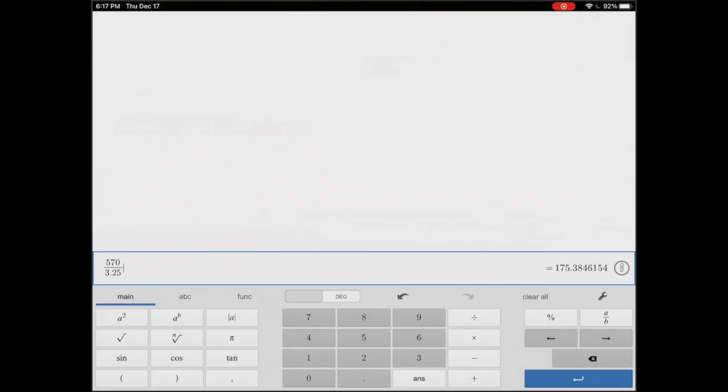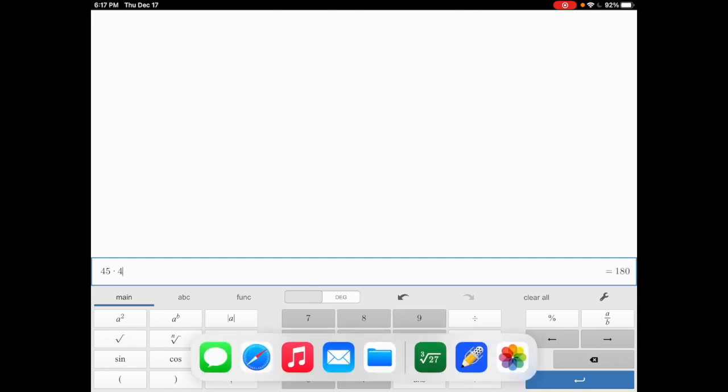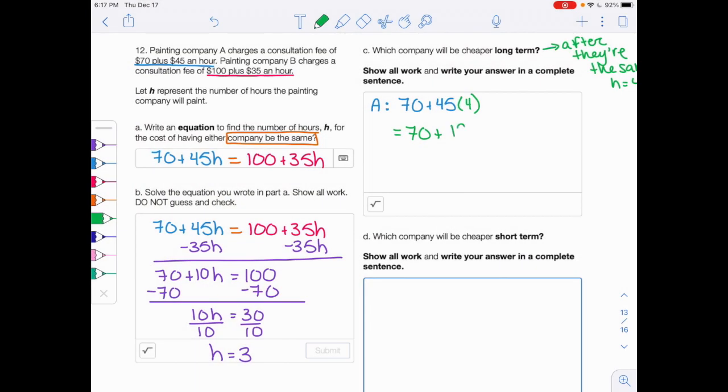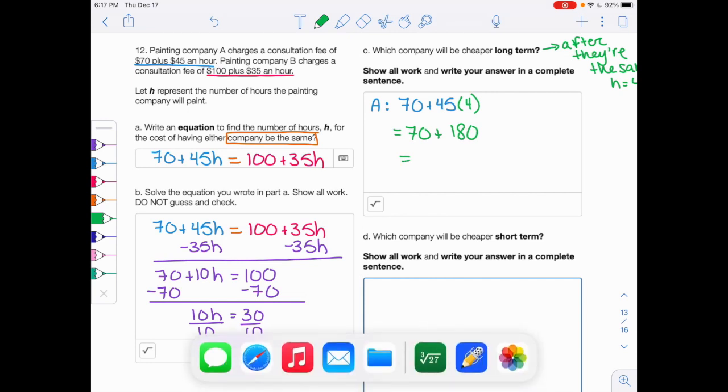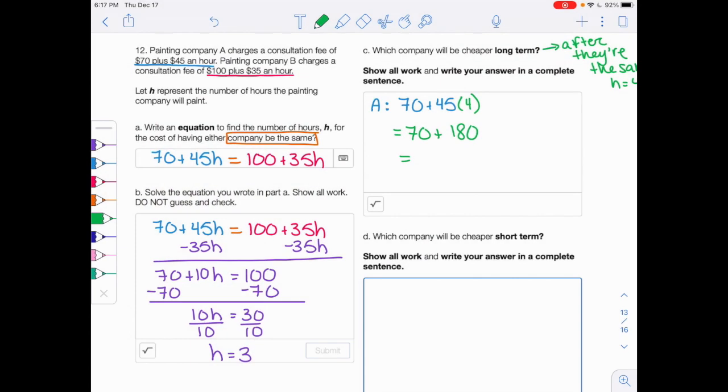And like we said, use our Desmos calculator to avoid mistakes. 180, 70 plus 180, 250. So for 4 hours, company A is 250.